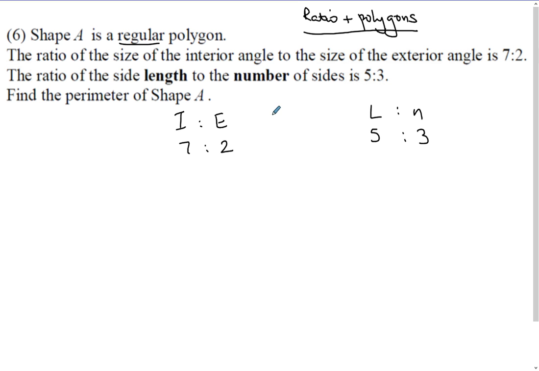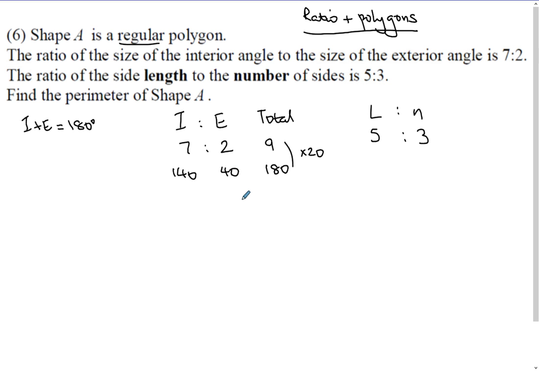So your interior and exterior, let's just do total, and that's 9. But you know your interior and exterior angles actually add up to 180. So if we make that 180, then we've multiplied that by 20. So we multiply that by 20, 140, and that becomes 40.